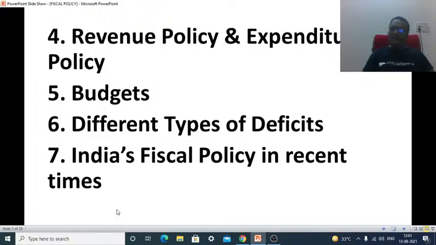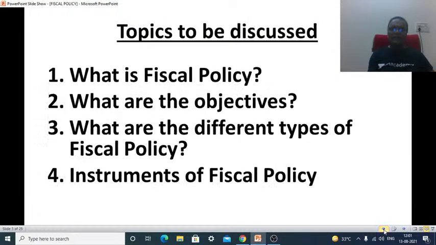I don't have to tell you about the importance of this topic from the examination point of view, because a very good number of questions are asked from fiscal policy in your prelims. On an average, if they are asking around 10-12 questions from prelims, at least half the questions are from fiscal policy only.